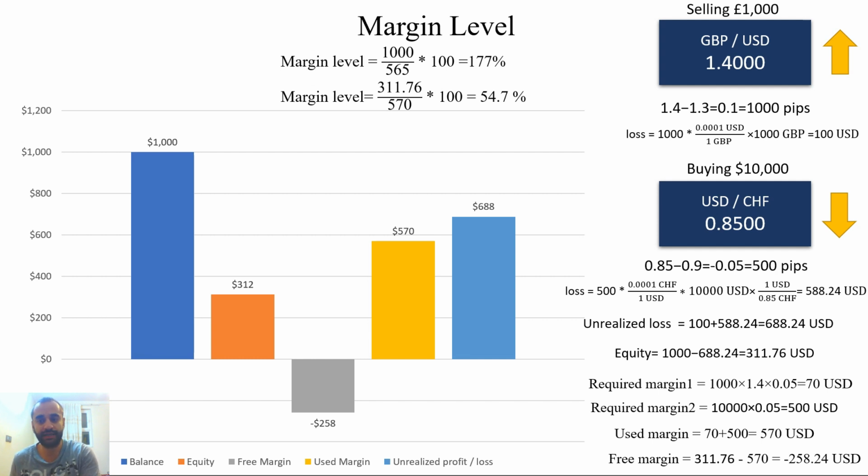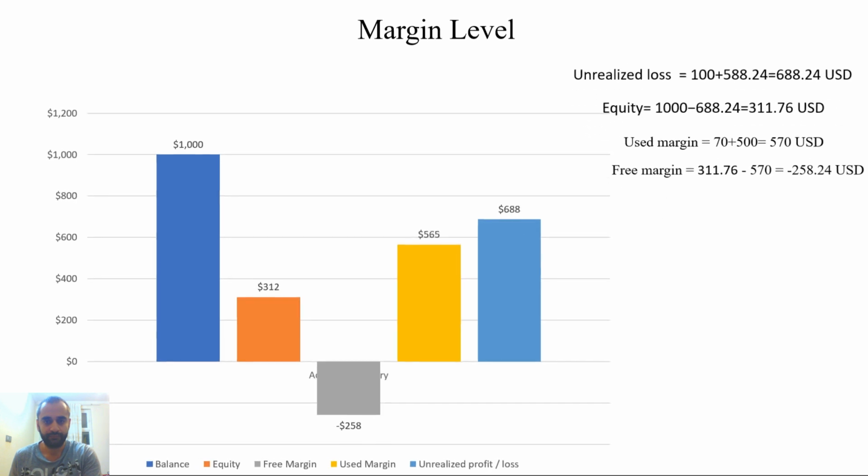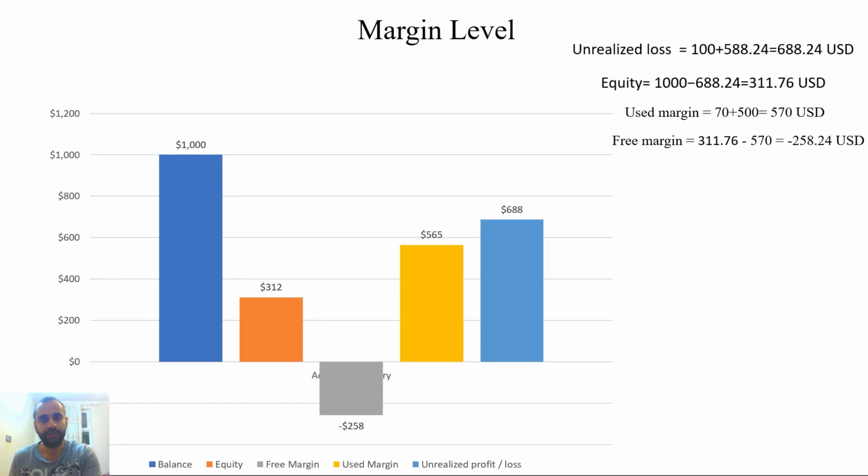So we should be cautious, and if the margin level drops another 5%, the stop out level is reached and the broker closes the trade. Let's assume our margin level reaches below 50%. So the broker closes the trade. The unrealized loss will be realized and impact the balance.